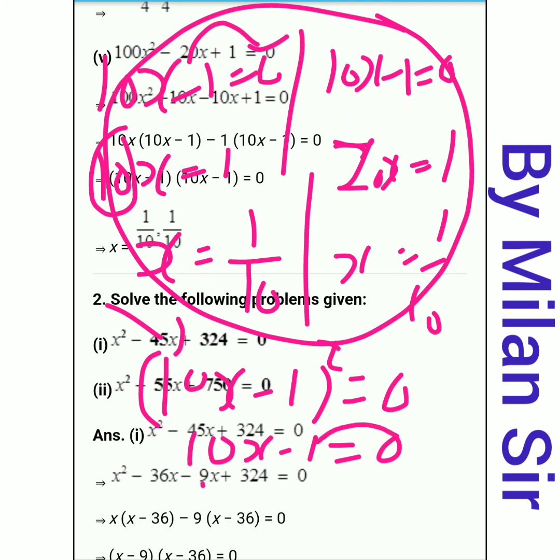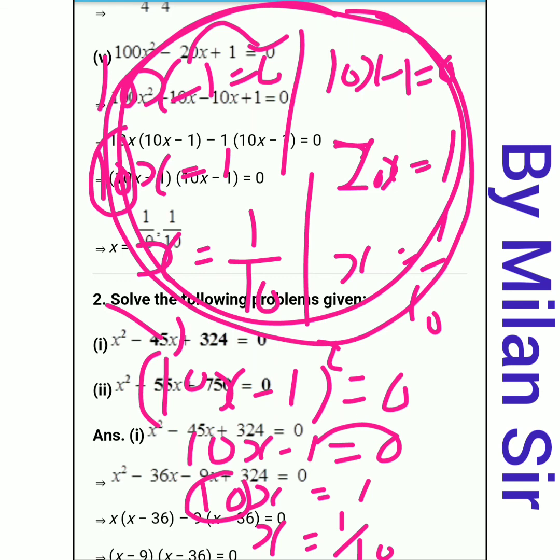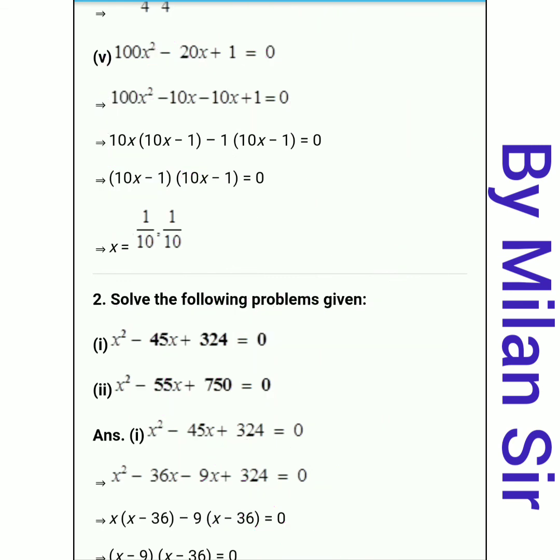Now transfer 1 to the right hand side, it becomes plus 1, then transfer this 10 to the right hand side, 1 by 10. So if you do not want to write this 2 times, you can use this process. Okay, so our final roots of the equation are 1 by 10 and 1 by 10. Okay, thank you.